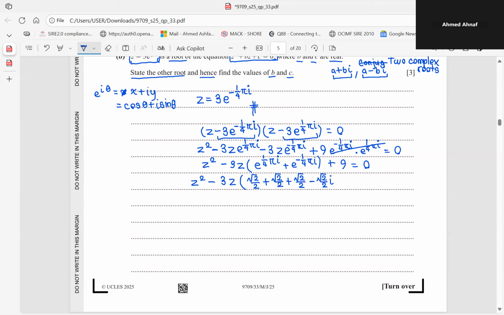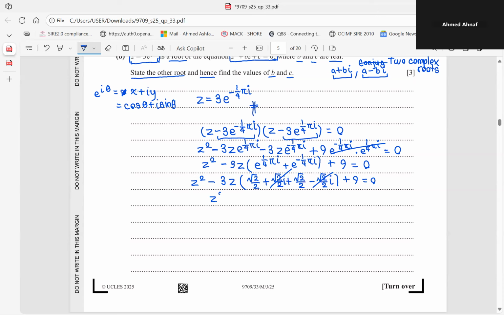Okay, so I forgot to put the i. So the i's cancel out. And then square root 2 over 2 plus square root 2 over 2 would be just square root 2.